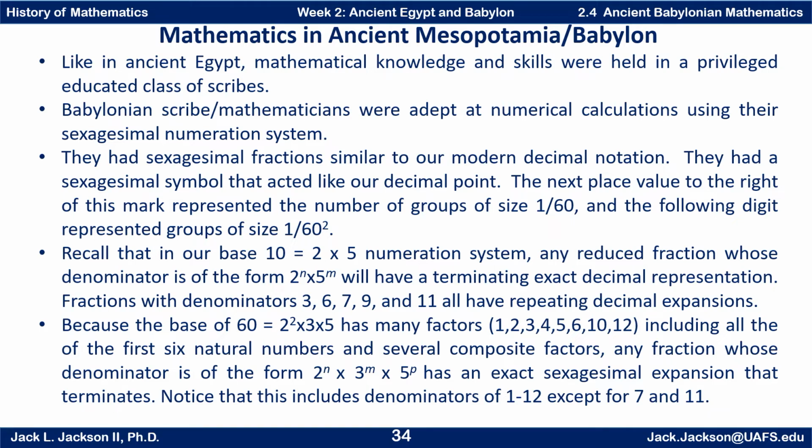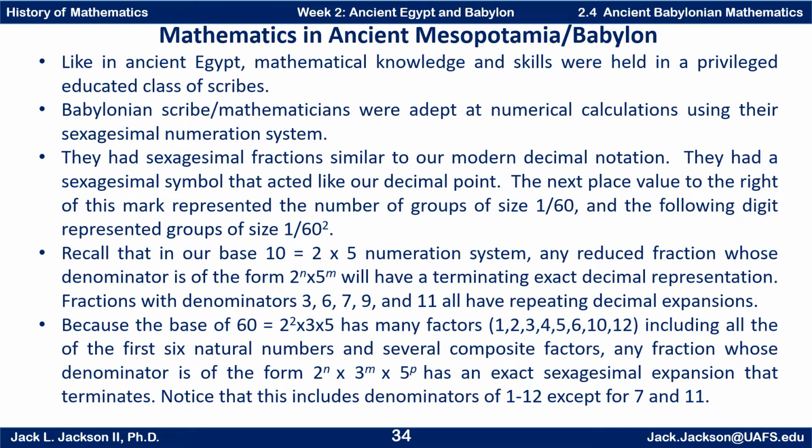So that means that fractions with denominators like 1, 2, 4, 5, 8, 10 would have terminating decimal representations. But look at the ones that you leave out that have repeating decimal expansions. Some fairly small numbers, 3 right away, 3, 6, 7, 9, 11, for example, all have repeating decimal expansions, and 12 as well.